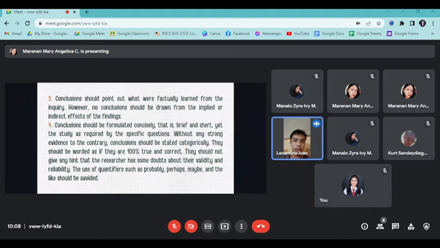Without any strong evidence to the contrary, conclusion should be stated categorically. They should be worded as if they are 100% true and correct. They should not give any hint that the researcher has some doubts about their validity and reliability. The use of qualifiers such as probably, perhaps, maybe, and the like should be avoided.